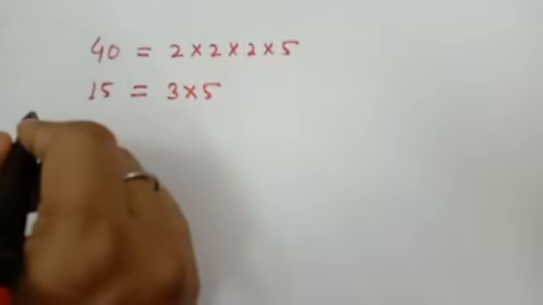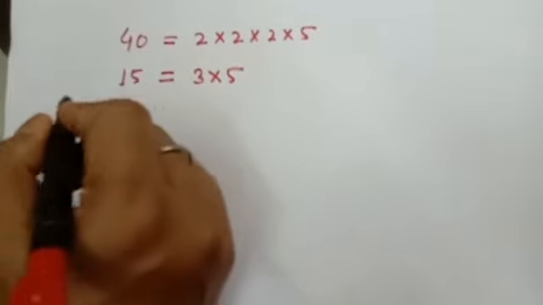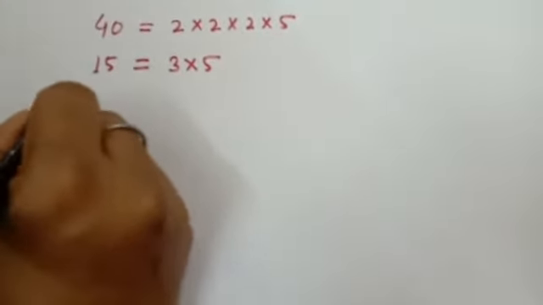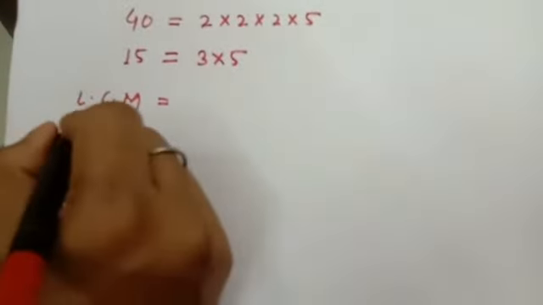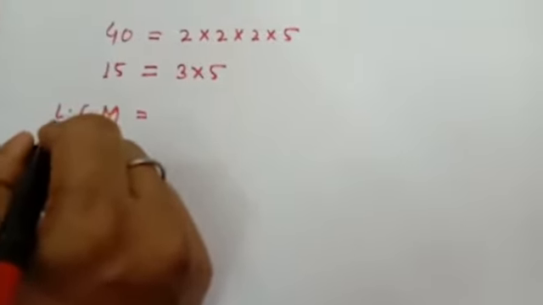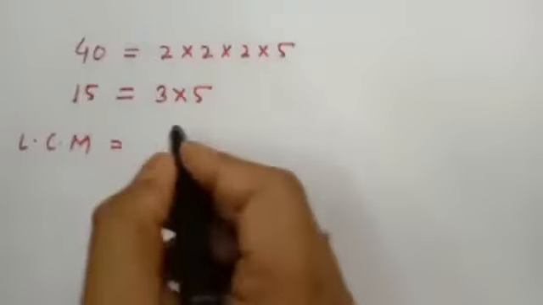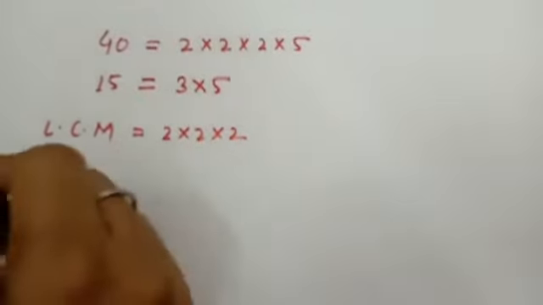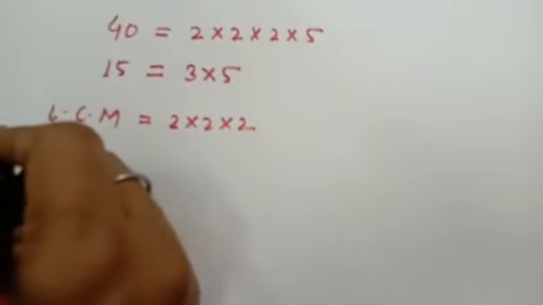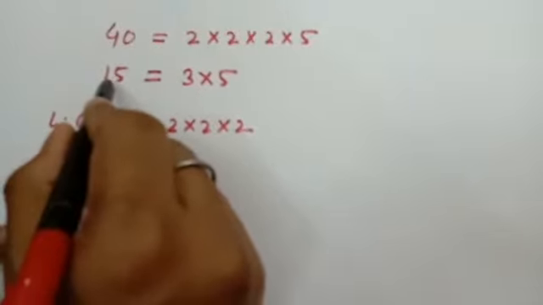So by the fundamental theorem of arithmetic, how can we find the LCM and HCF? First find the LCM. Take the larger group of 2, that is 2 into 2 into 2. Then take the larger group of 3. We have only 3 here in the factorization of 15.